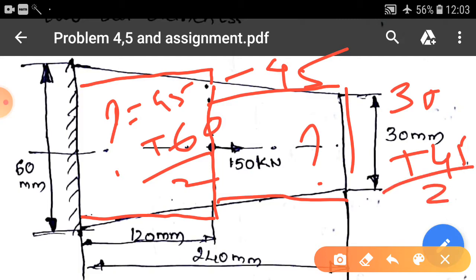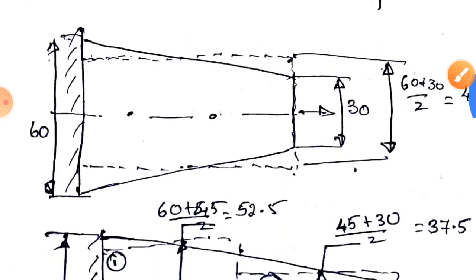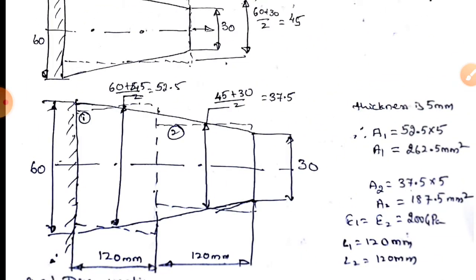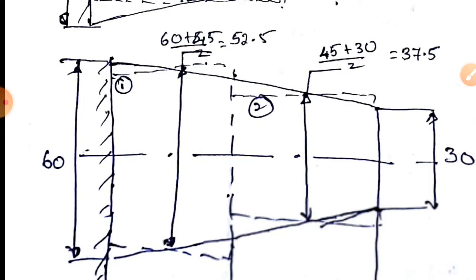This will be the height at the two respective sections. We take the average height multiplied by the 5 mm thickness to get the area. So this is our model of having two steps.